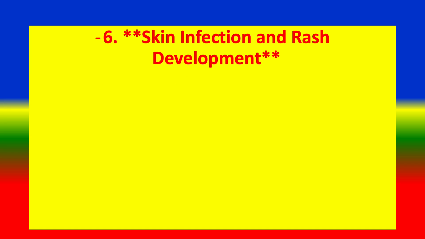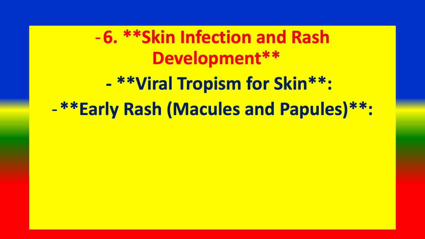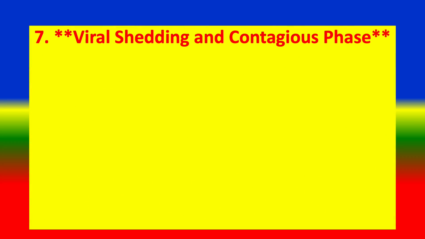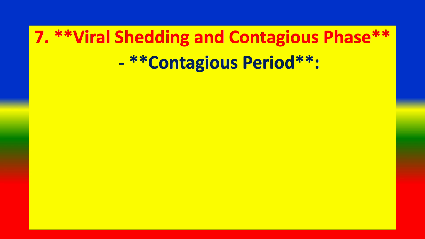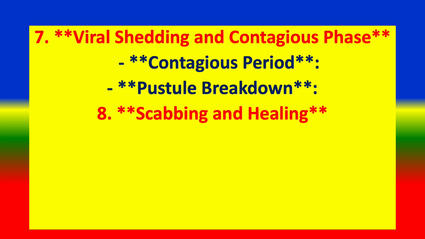Skin infection and rash development, viral tropism for skin, early rash, macules and papules, pustular stage. 7. Viral shedding and contagious period, pustular breakdown.